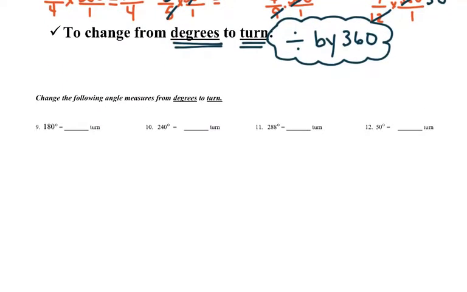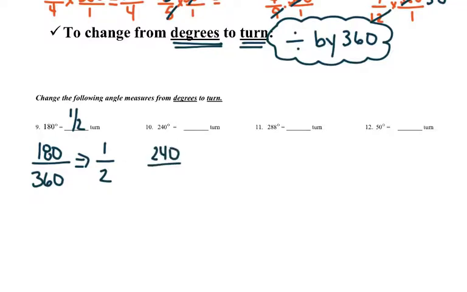So if we go back to our example of 180 degrees is half a turn, which is what I have right here, 180 divided by 360, that fraction will reduce to 1/2. So all you do is take the degrees and divide it as a fraction over 360.